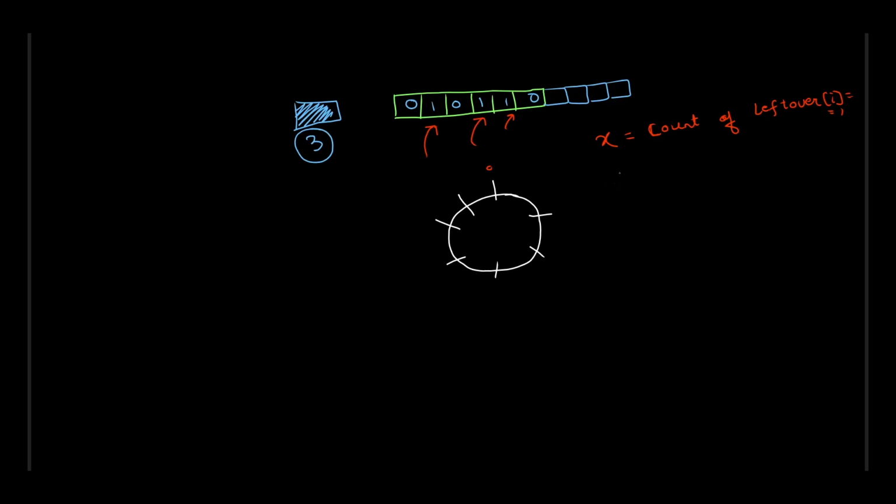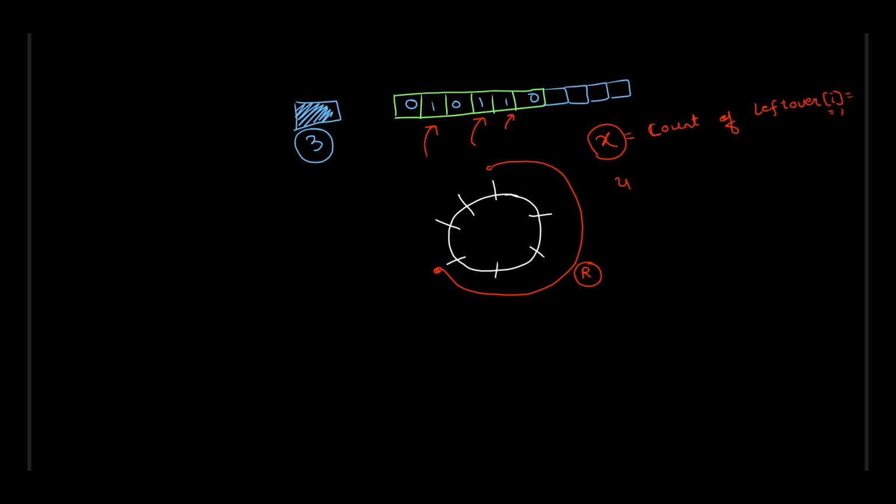So if X is the total number of elements where the person has to participate in the last round, one thing is guaranteed: if the total number of elements in this arc is equal to R, then these persons will have to sit inside this arc itself.